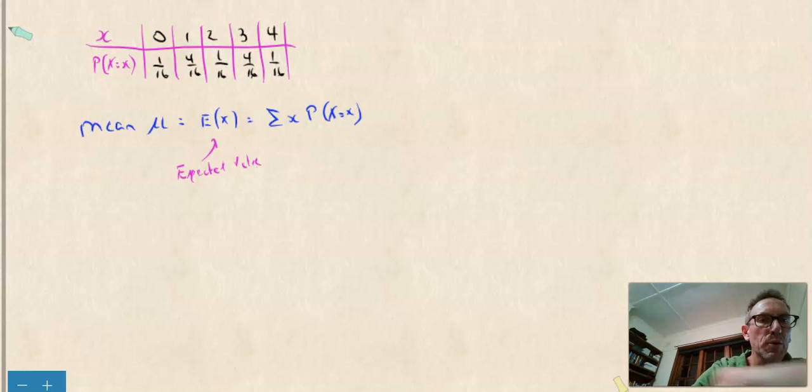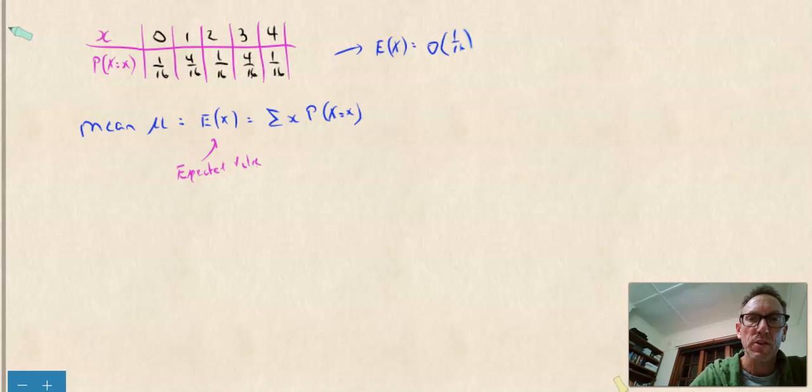In our example, the expected value of X is equal to 0 times 1/16 plus 1 times 4/16 plus 2 times, and so on. We're just multiplying each possible score by the probability of that score happening, and summing those products.